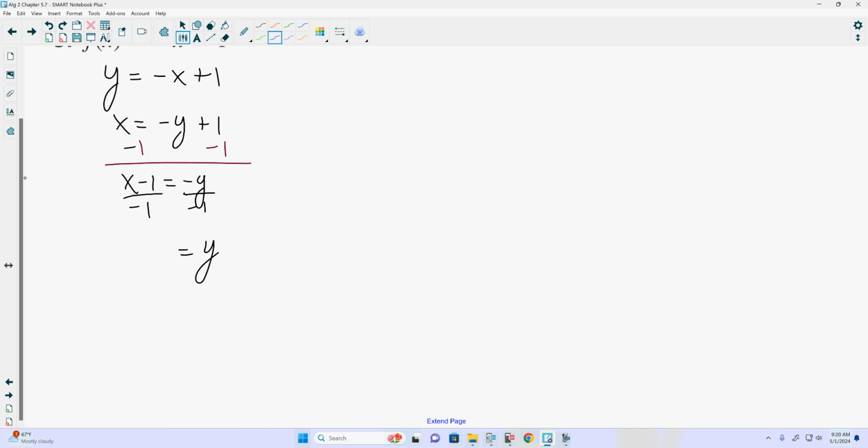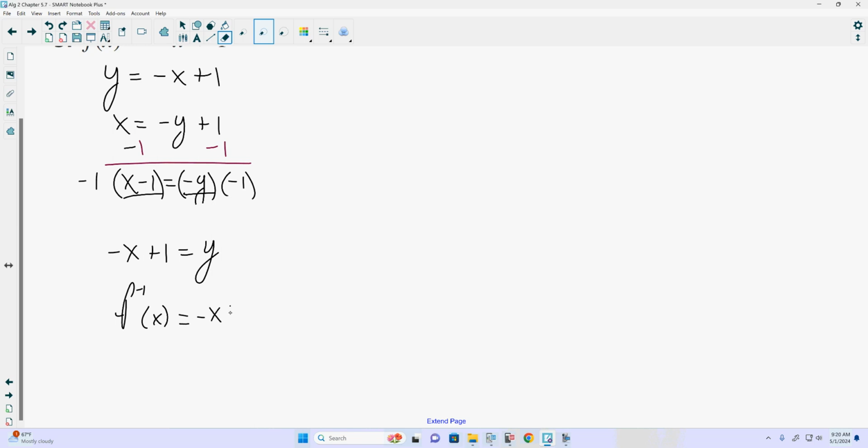But that negative is being applied to both terms. Because what we could have said, instead of dividing, I could multiply by negative 1. Same thing. Negative 1 times x is negative x. Negative 1 times negative 1 is plus 1. So f inverse of x is negative x plus 1. Now I will show you the other way, because if we said x minus 1 over negative 1, yes?